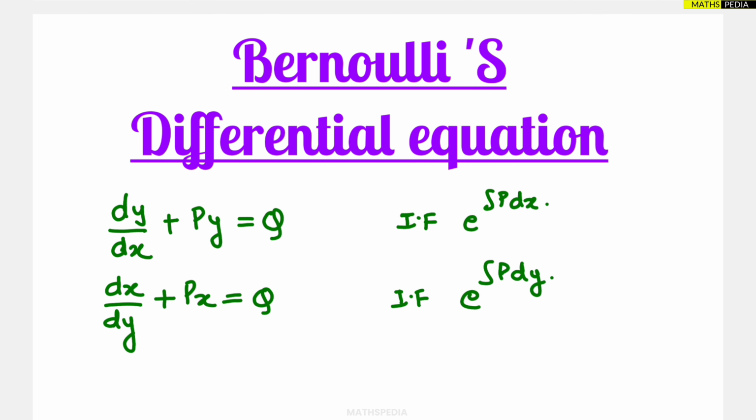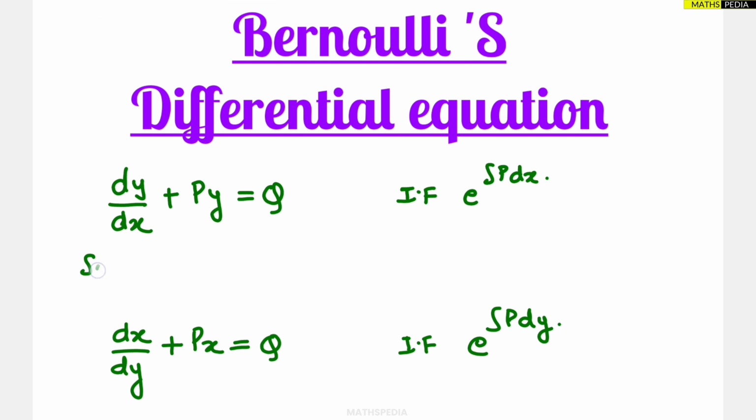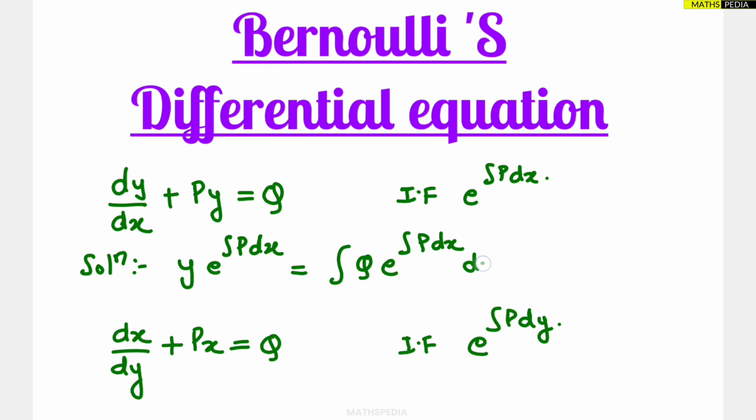So these two equations you have studied. The solution of the first one is given by y into e power integration of p dx, that is, y into the integrating factor, equal to integration of q into e power integration of p dx, plus c.